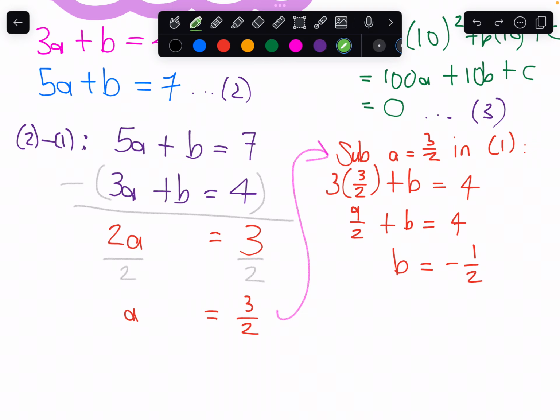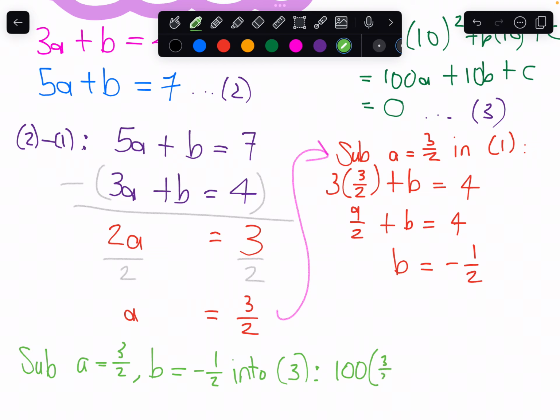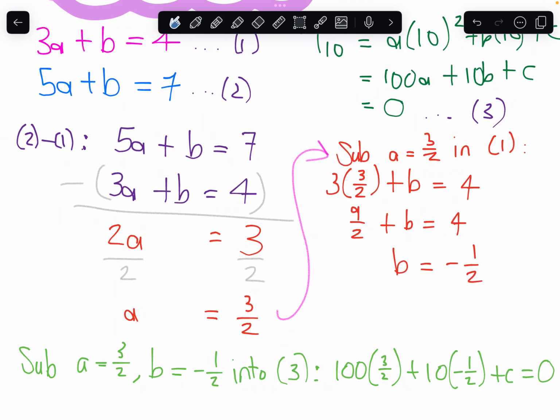So sub A is equal to 3 over 2, B is equal to negative a half into that last equation. So we have got 100 times 3 over 2 plus 10 times negative a half plus C is equal to 0.